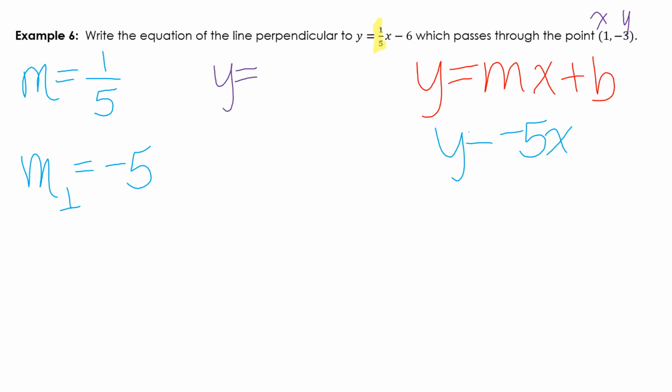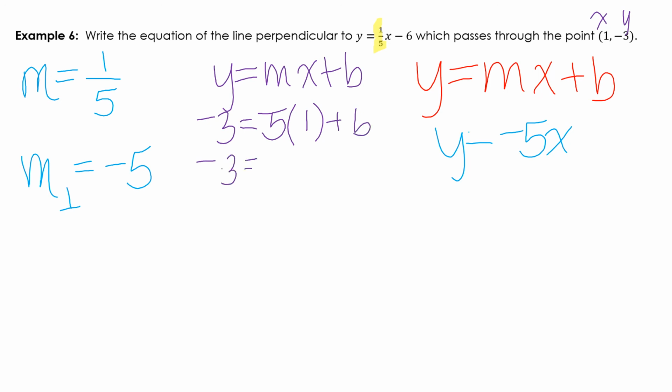So we're going to use y equals mx plus b. We're going to plug in everything we know and solve for what we don't know. So y, the y coordinate they gave us, is negative 3. m was the slope of our line that we just figured out, negative 5. x is the x value they gave us, which is 1, and then we don't know b, that's what we're solving for.